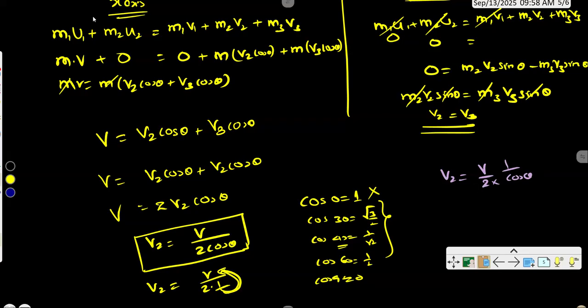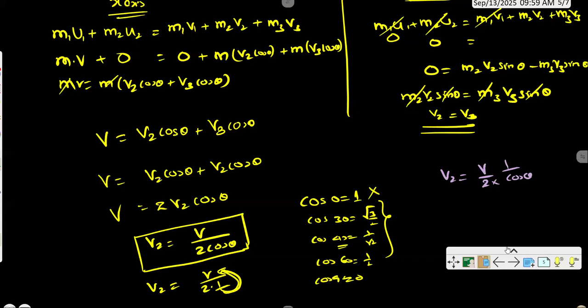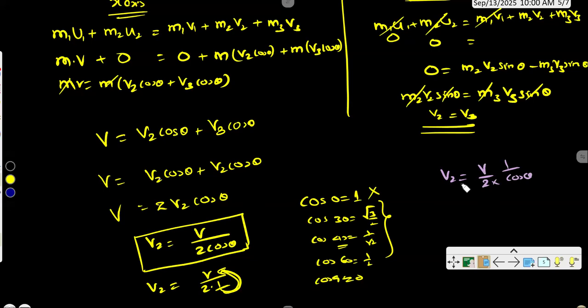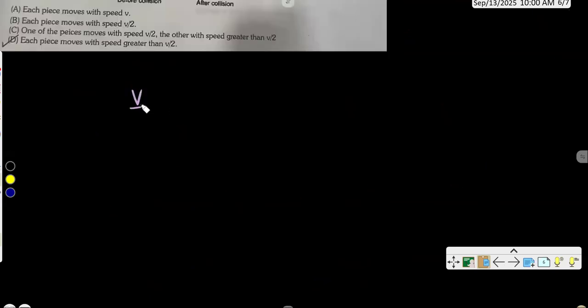Let me give you the options given in this question. The options are: each piece moves with a speed of v, or each piece moves with a speed of v by 2, or one of the pieces moves with a speed of v by 2. We got v2 is equal to v by 2 into 1 by cos theta.